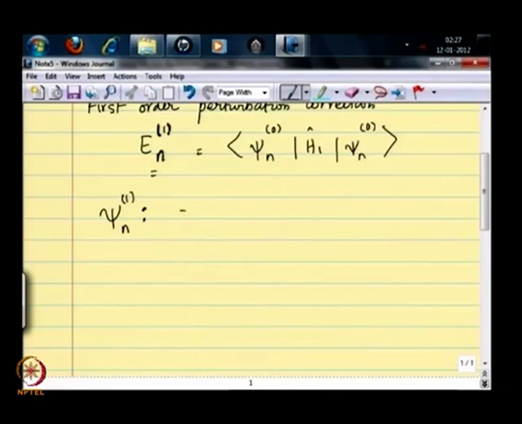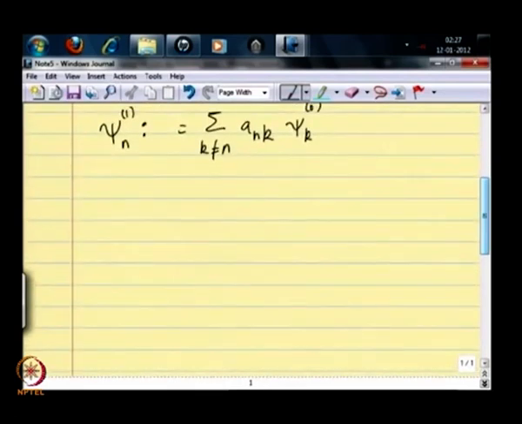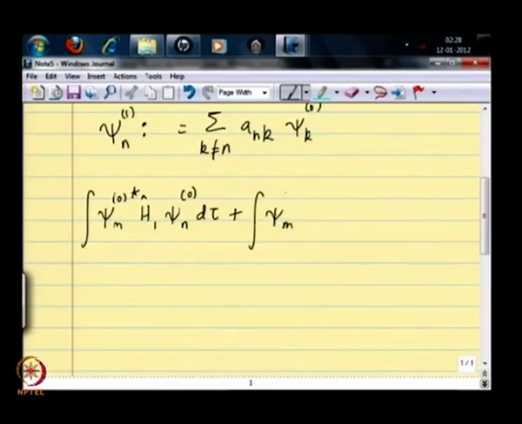We wanted to calculate psi n1, and we had used this sum over k not equal to n of a_nk psi k0, and then we have this equation, namely the integral psi m0 star H1 psi n0 d tau plus the integral psi m0 star H0 with the summation over k not equal to n a_nk psi k0 d tau.